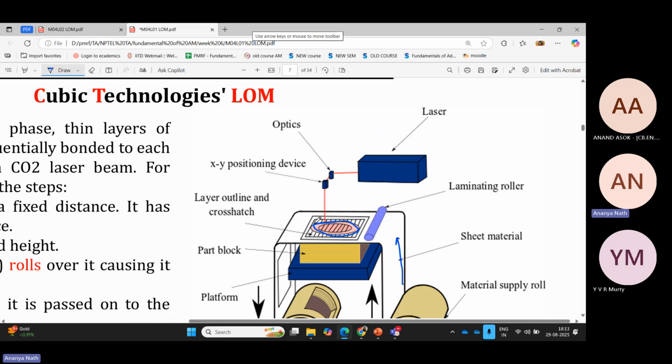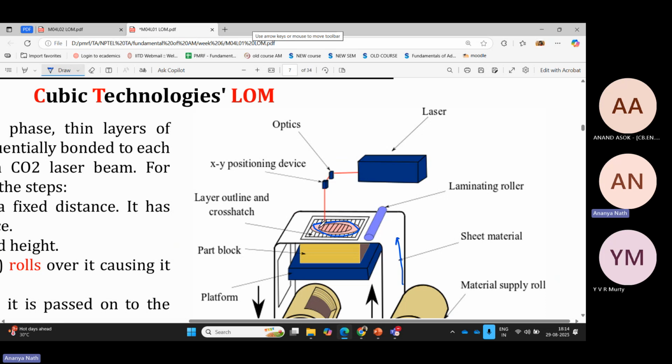Basically the laser will move on the outer boundary of the geometry, not inside the geometry. This is very different from other processes. In other processes, the laser is used to join the material, so the laser will be scanning the inside portion of the part. But here the laser is used to cut the material, so it will scan the outer boundary of the part, not anything inside the part.